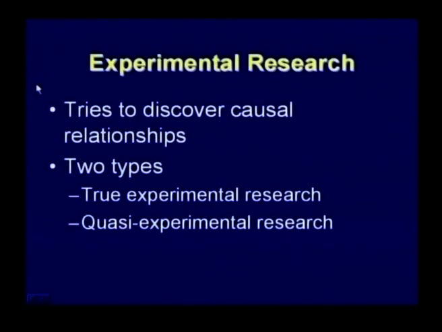The next type of research is called experimental research, and again we said that there are two types of experimental studies: true experimental research and quasi-experimental research. The basic purpose behind experimental research is to discover causal relationships, one thing causing another thing.